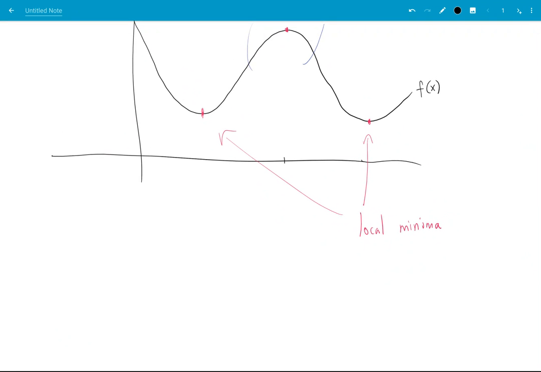Let's say this is the point C here. f of c, the corresponding y value, is a local maximum if f of c is bigger than or equal to f of x for x near c. That's the more precise definition.